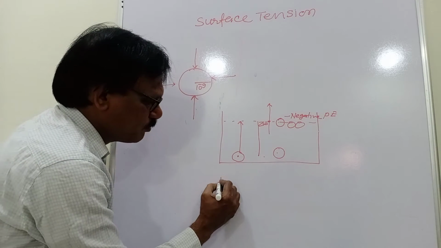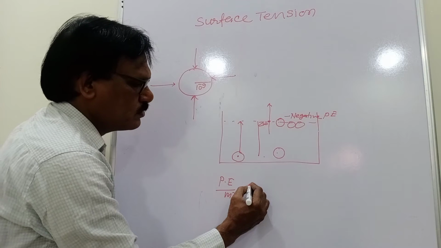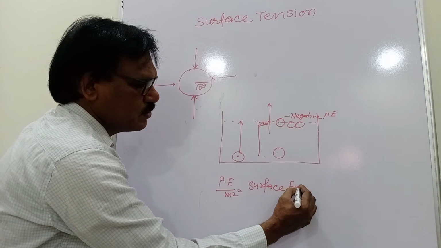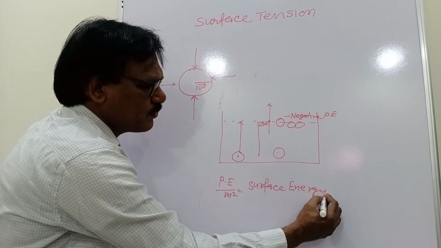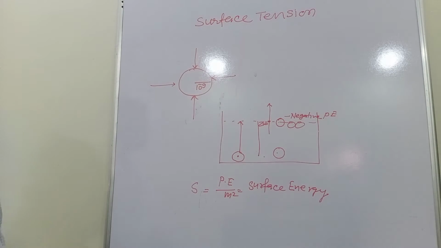Potential energy per unit area is called surface energy. Now the surface energy you can represent with S, and it is totally related with surface tension. How this surface energy is related with surface tension, let us see.